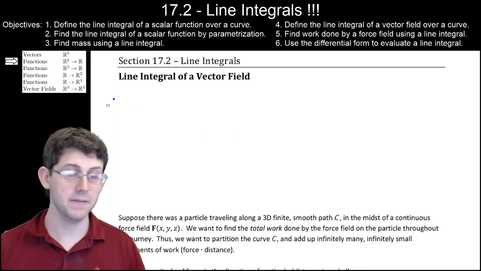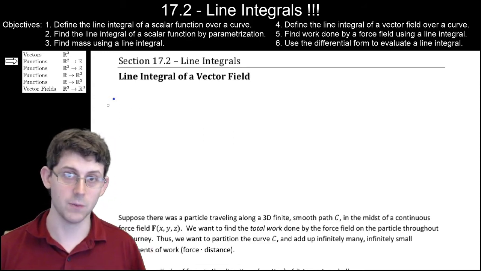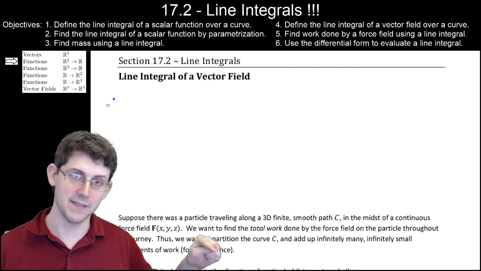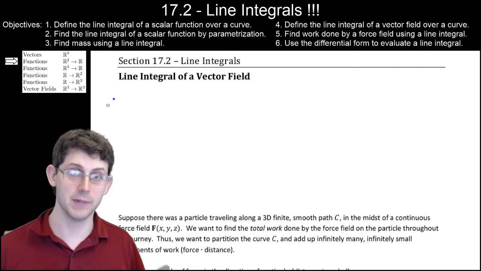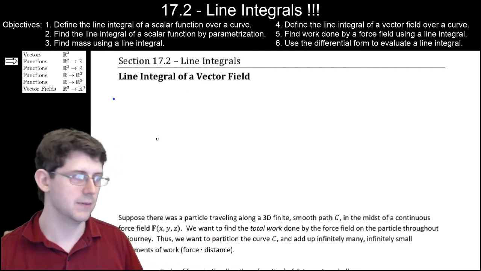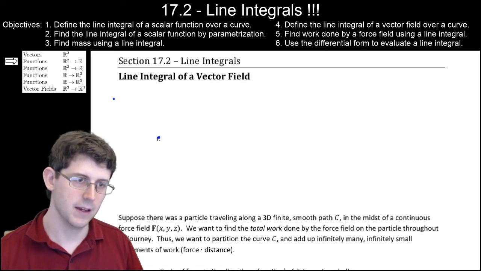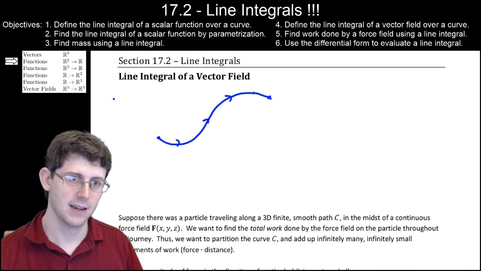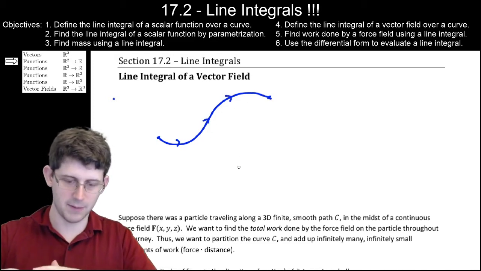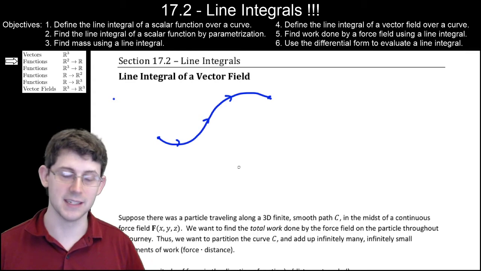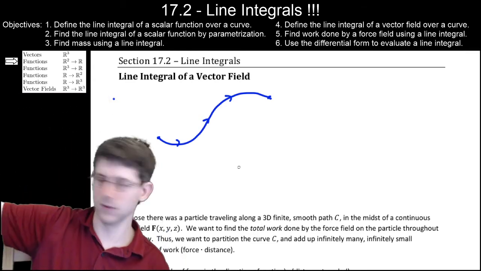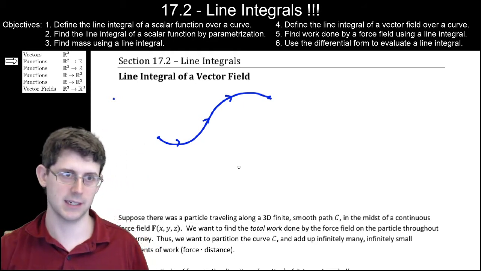Okay, so if we want to follow that plan where we're trying to add up all the little contributions of the wind, which is a vector field, along a path that we're driving, how could we possibly do that? So this is what we would do. We'd say, get your curve C, which is now a curve in space. So it's not just a path on the surface of the Earth necessarily. You might say, oh, well, I'm going to fly up and go in a circle and then go to Columbus.